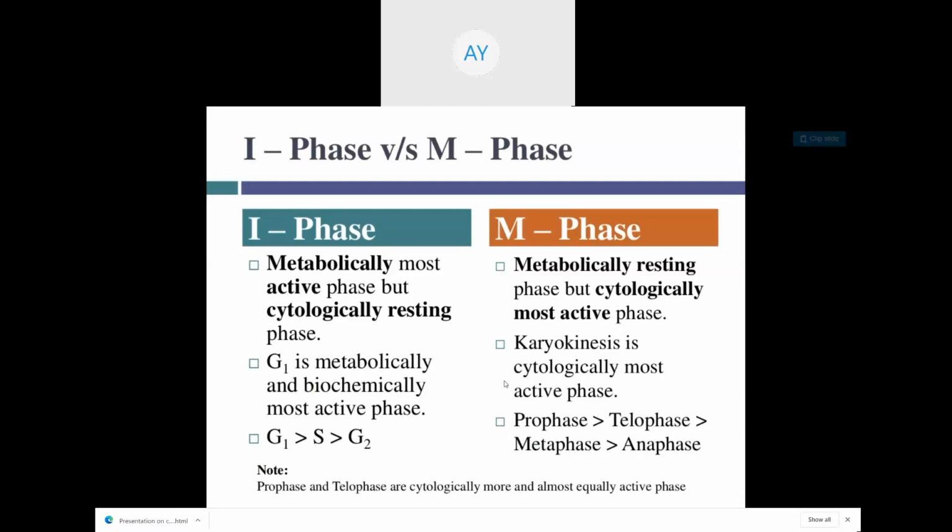Karyokinesis takes the maximum duration, and cytokinesis takes the least time for division of the cytoplasm.